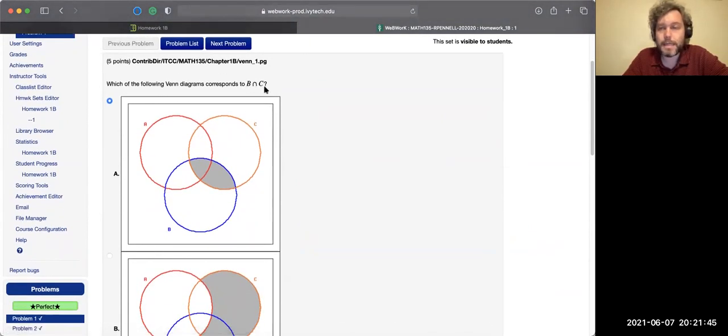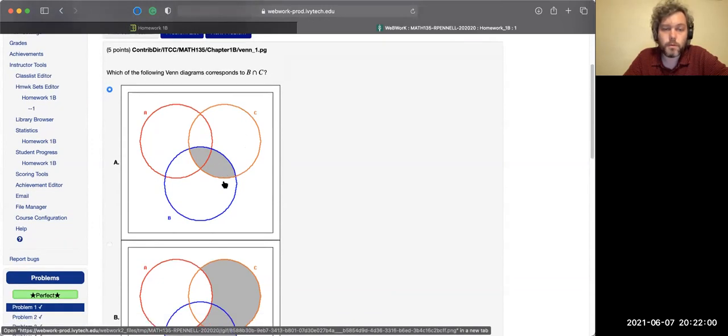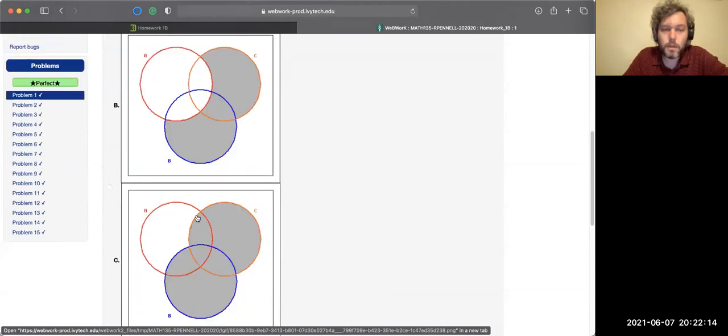Okay, so B intersects C. This is what B and C have in common. Actually, the first one here works. We have A, B, and C. What do B and C have in common? They have this little sliver here. We can see that this is not true. This is the part of B that has nothing to do with A, and the part of C that has nothing to do with A. That's not what B and C are.